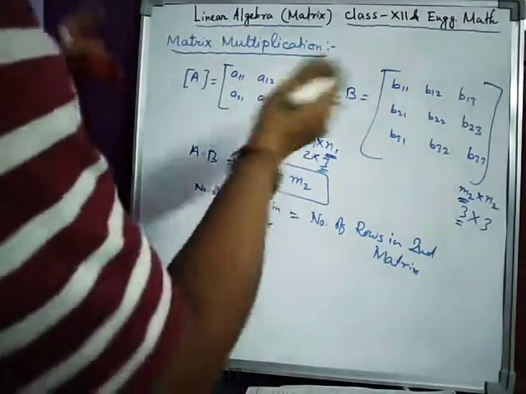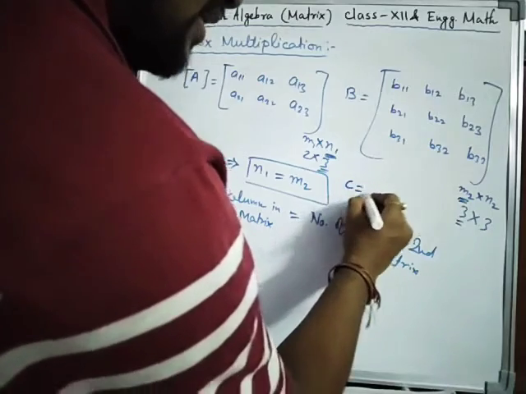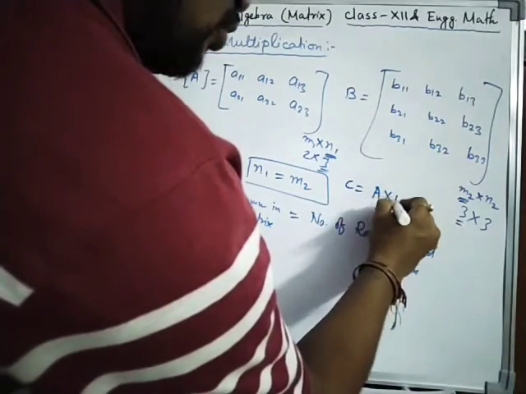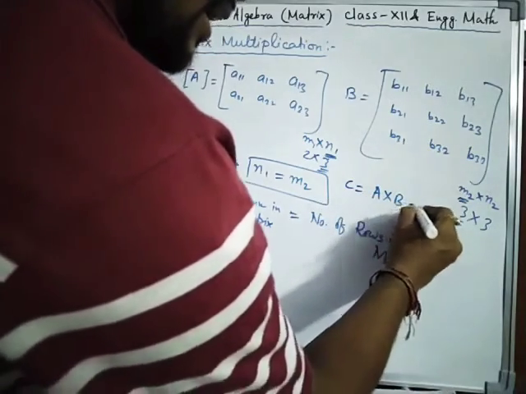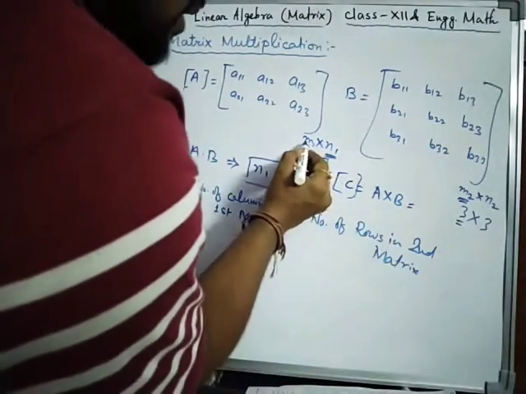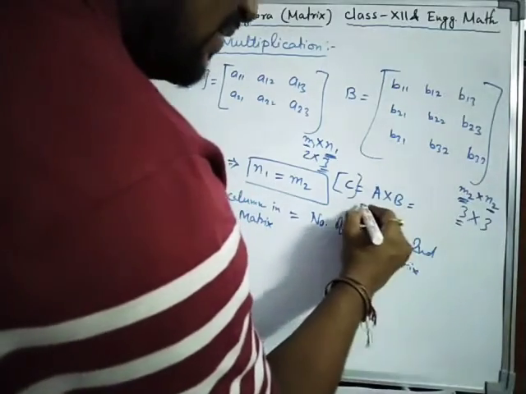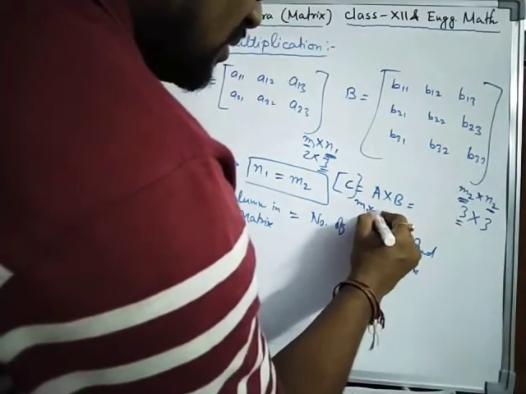Please remember, after multiplication, suppose the value C is coming, C is nothing but A into B or AB. The order of C is the first M1 and the last N2, so the order is M1 cross N2.